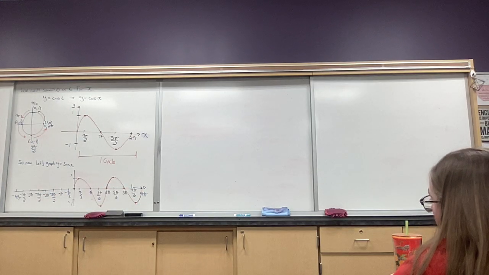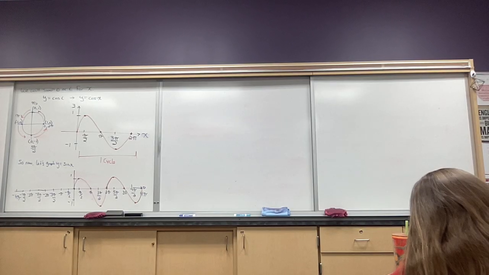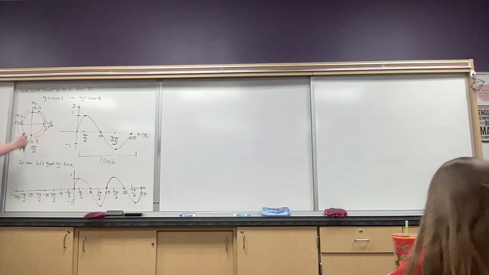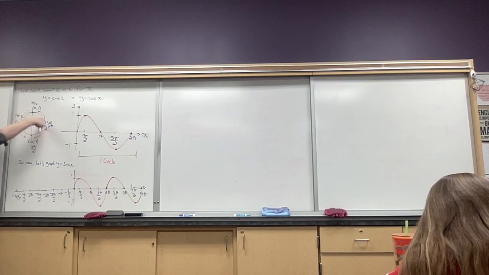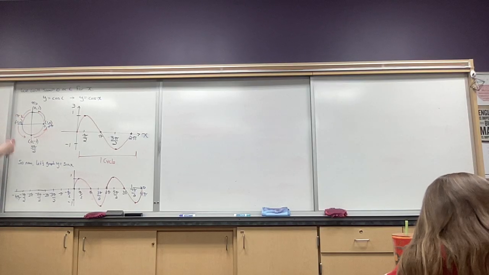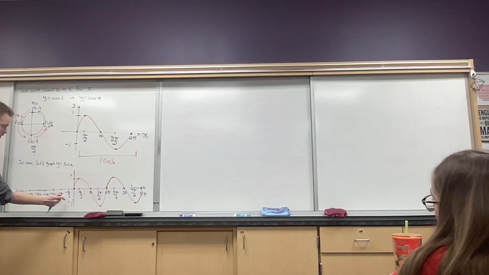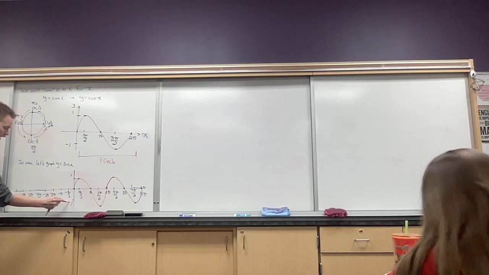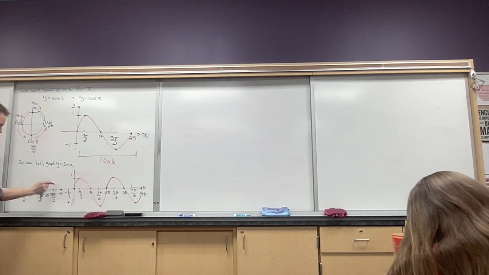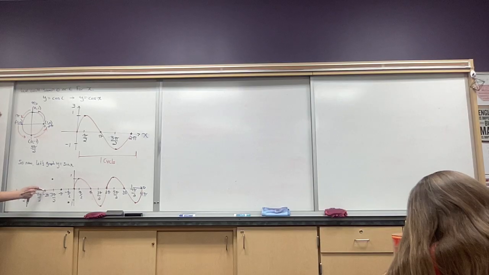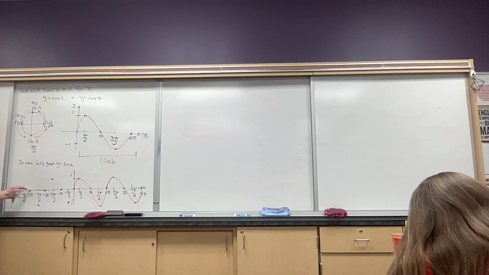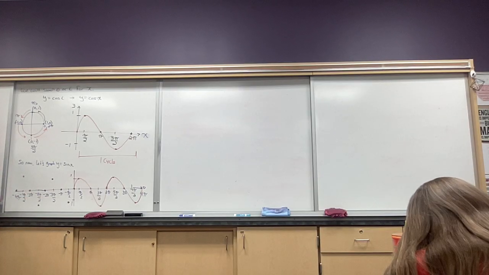Now, going in the opposite direction, negatives are telling me instead of going in this direction, I'm going in this direction now, right? So I'm going opposite here. So that's going to go down, up, up, down, down, up, up, and down.